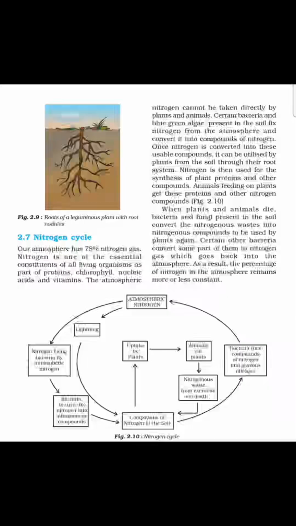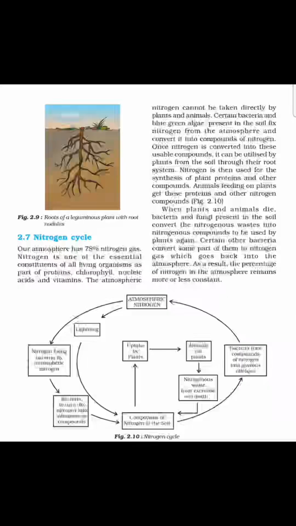Lightning also contributes. The intense energy of lightning can convert atmospheric nitrogen into nitrogen oxides, which then dissolve in rainwater and fall to the earth, enriching the soil. Third one is compounds of nitrogen in the soil.